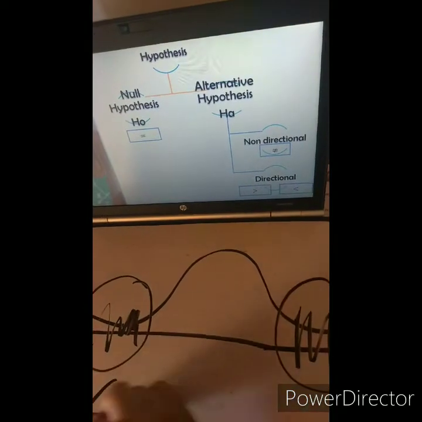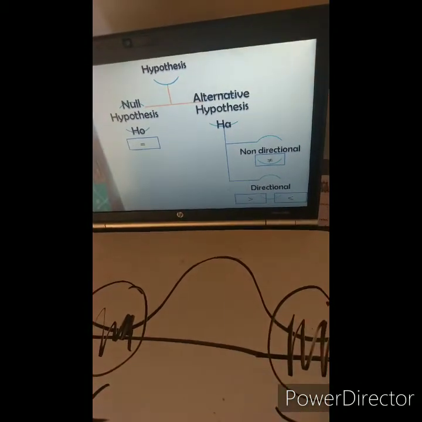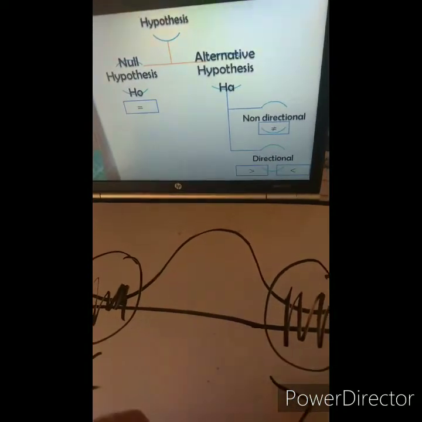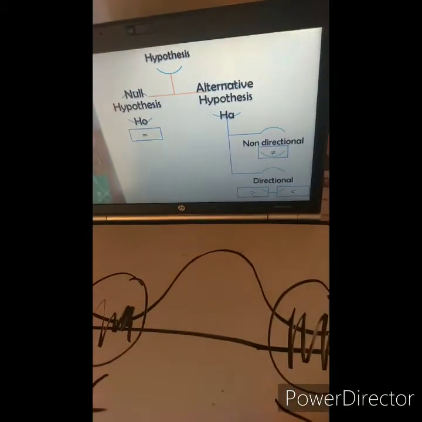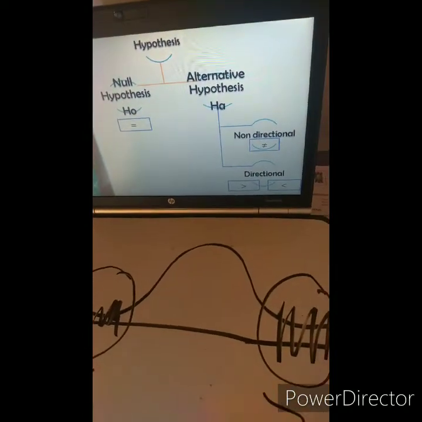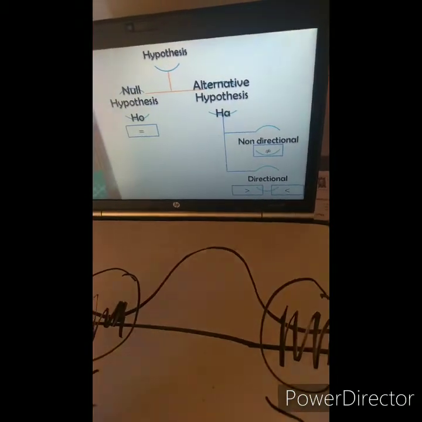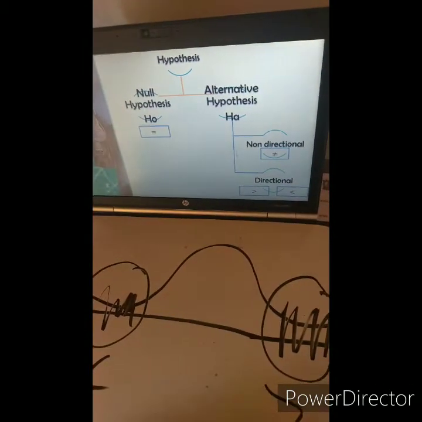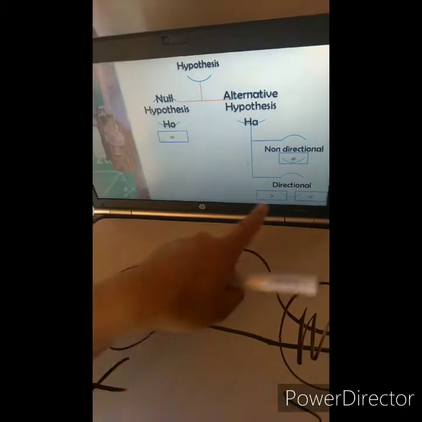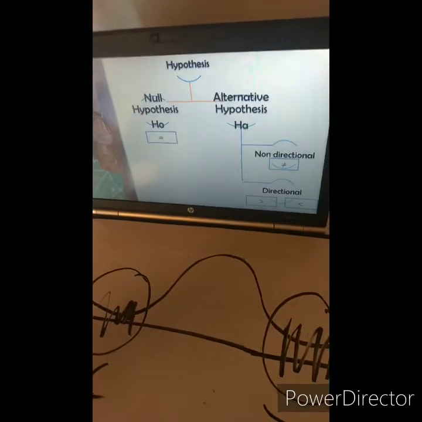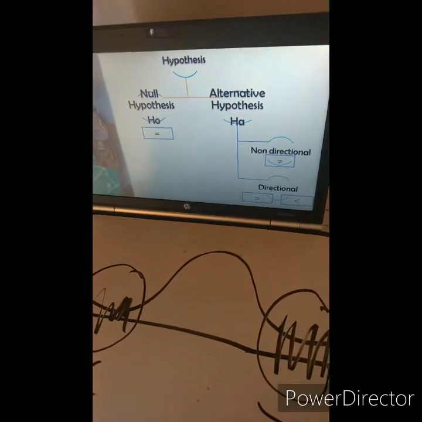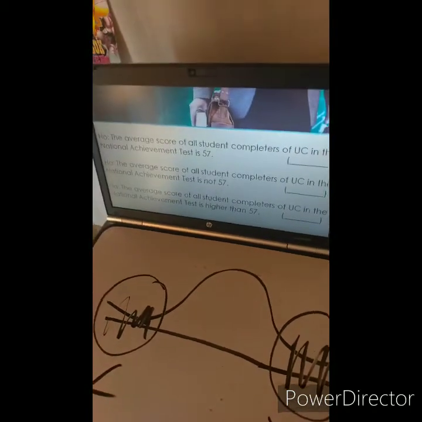So that's why it is directional. It tells you the direction of your data, or what part you are going to accept or reject. That's why it's called non-directional and directional. Later, I will give you examples on directional and non-directional. Okay, next. Let's have an example.